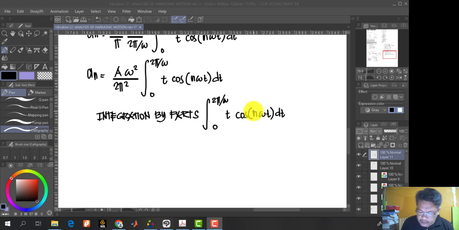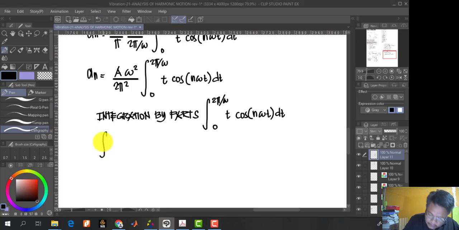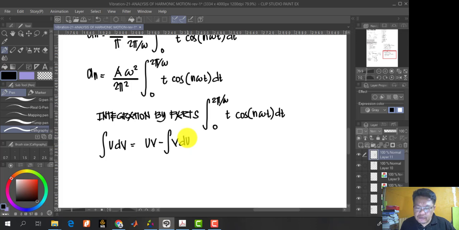So we have the equation integration by parts. So we have your u, right? So we have the derivative, no, of your v. Okay, so that is equal to u times the v minus the integral of your v and your du. Okay.